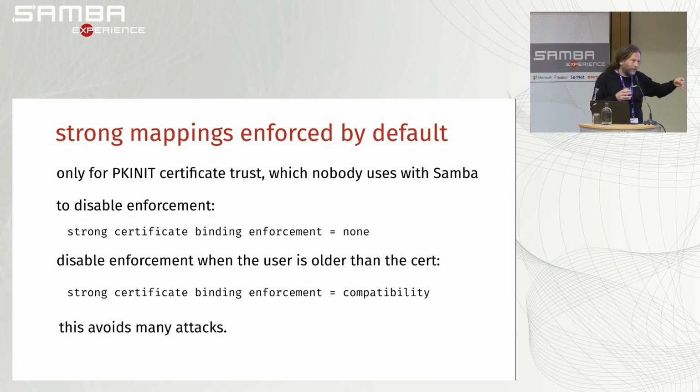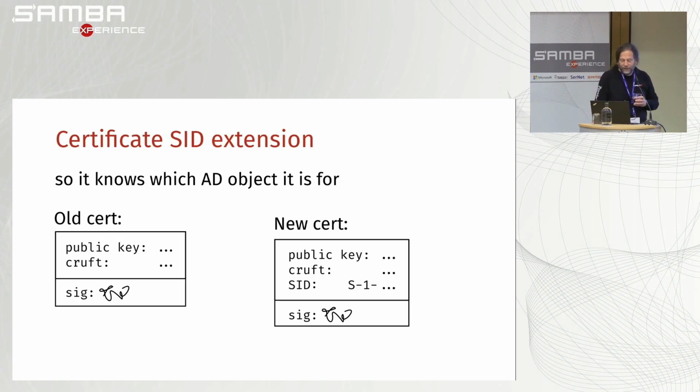Well, if you are making a user with a tricky name like root dollar to match root or something like that, it will fail with this compatibility setting. And there's not many cases where you'd make your certificate before you have the user. Well, maybe there is. I don't know how people do things.